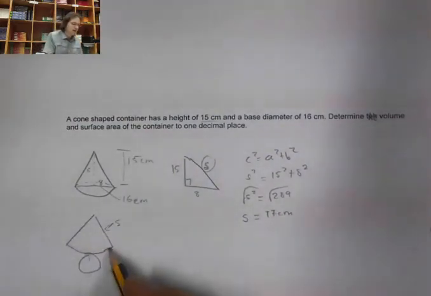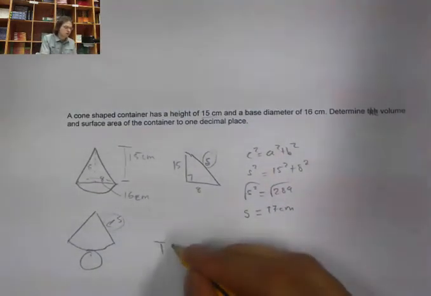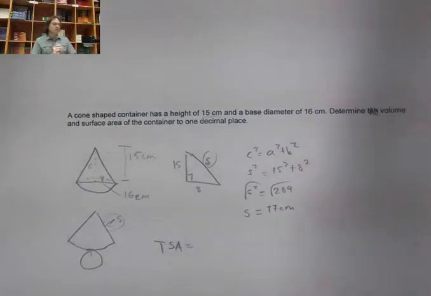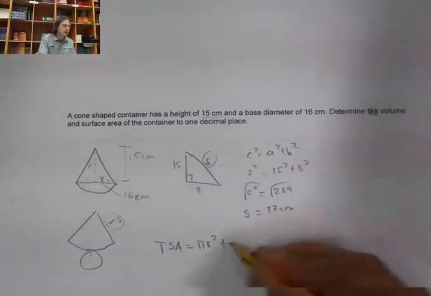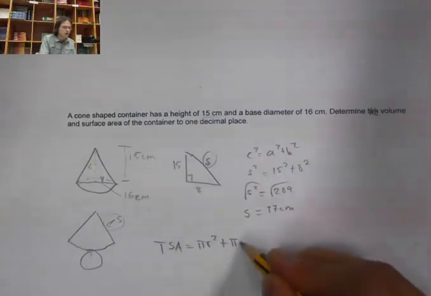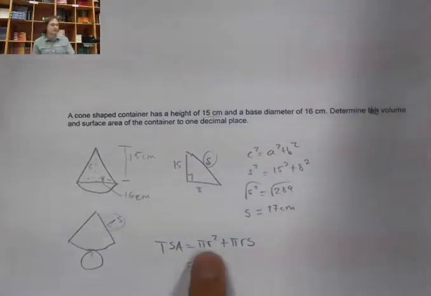Now I can find the area of this here. Okay? So if you remember, my total surface area is going to be pi r squared plus pi r s, the slant height. Okay? My radius is 8. It's half the diameter.